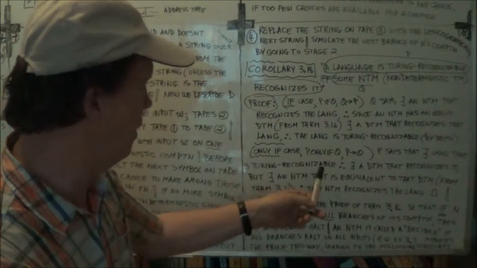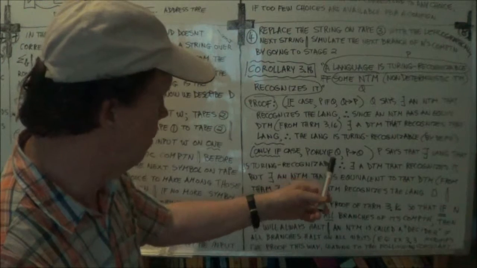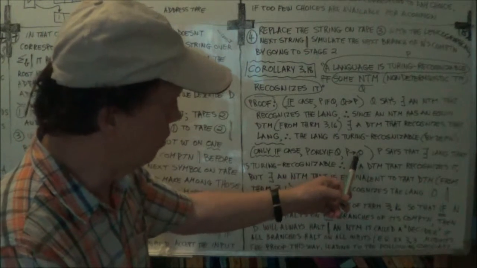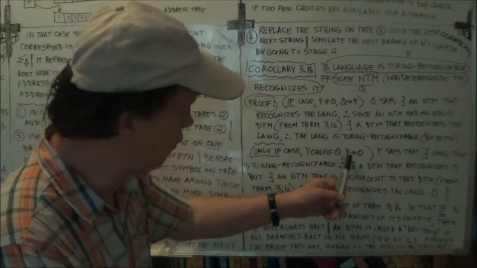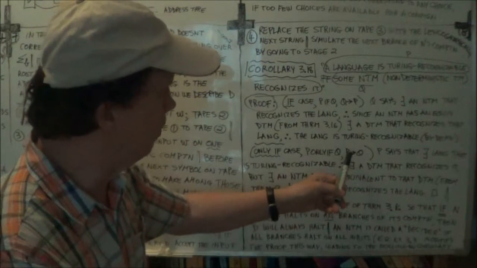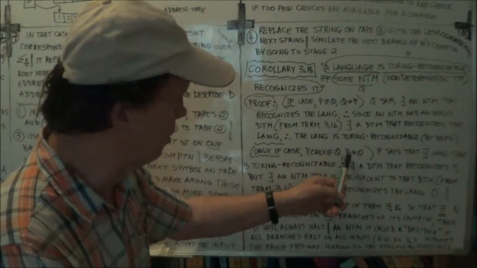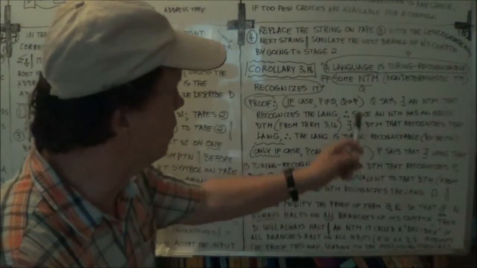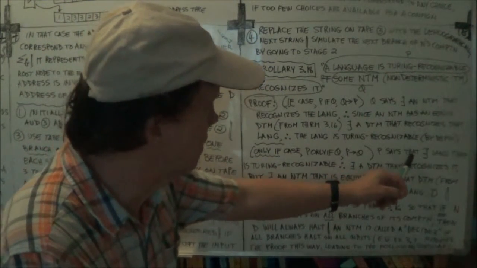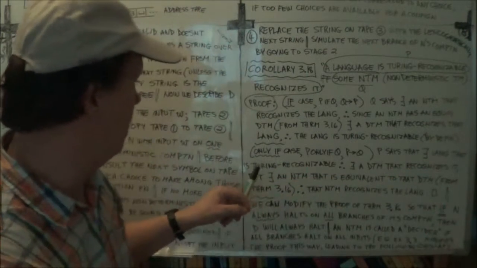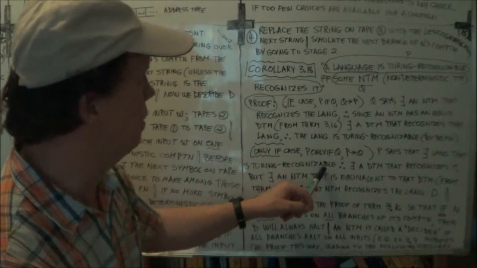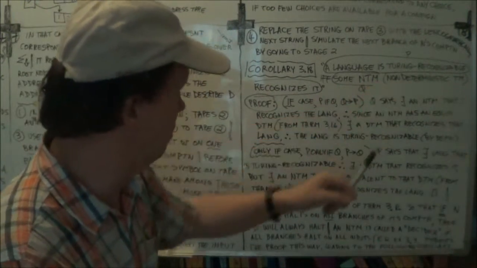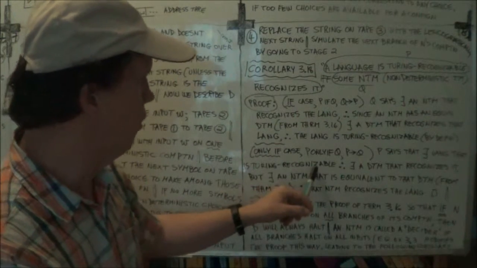And the only if, the other way, P only if Q, in arrow terms, if P then Q. In other words, you start with the left hand side and prove the right hand side. So you start with P. And what does P say? P says a language is Turing recognizable. Now, what does Turing recognizable mean?